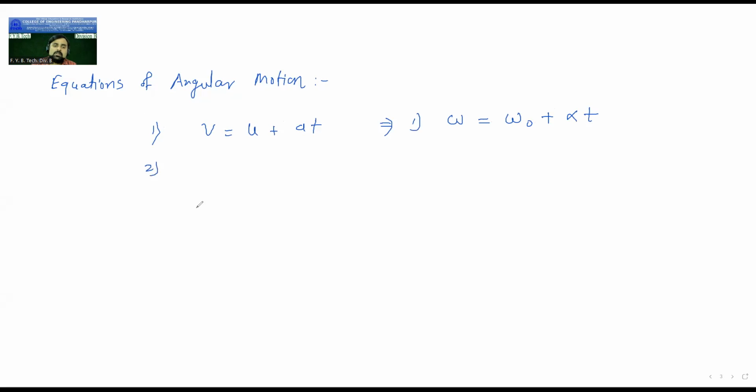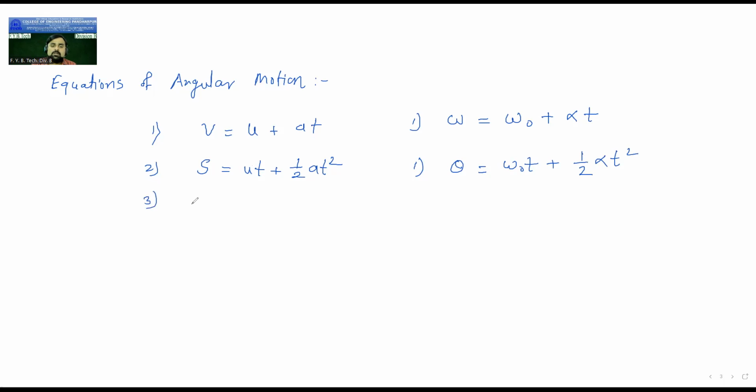What is the second equation in linear motion? S is equal to ut plus half at square. So here what will the equation be? Instead of s, which is linear displacement, here theta is the angular displacement. So it is omega naught t plus half of alpha t square.